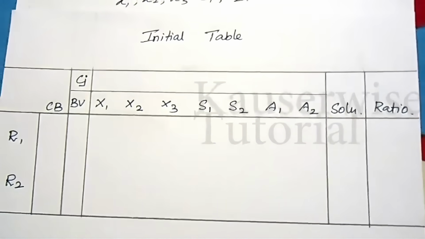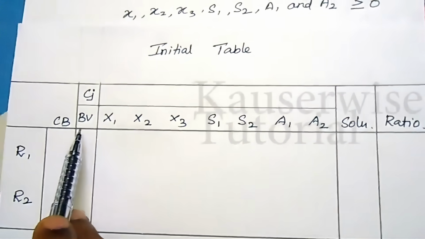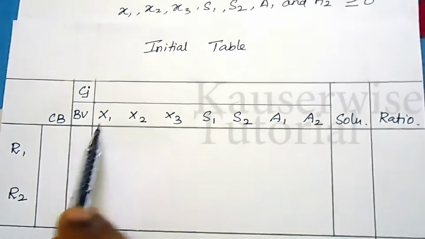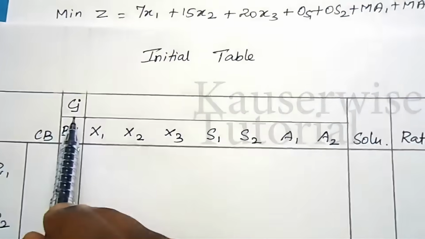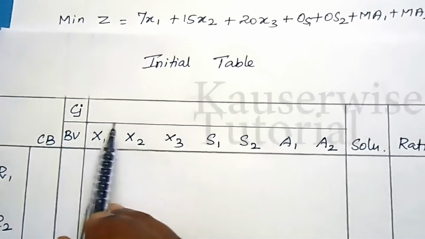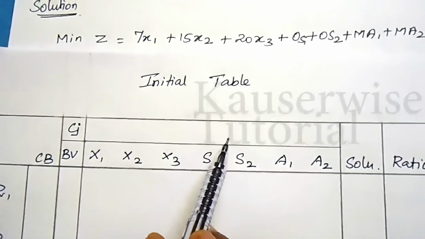So now let us see how I am framing these things. BV is basic variables, these are the variables that we have already written. CJ stands for coefficient of the objective function. This we can write from the objective function.